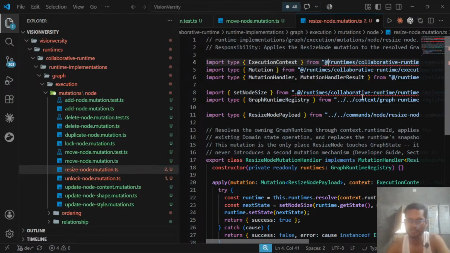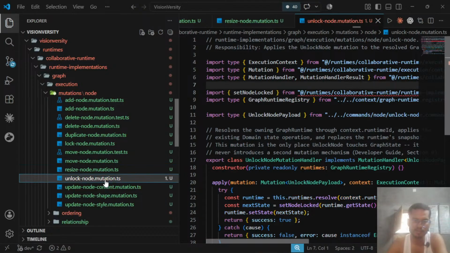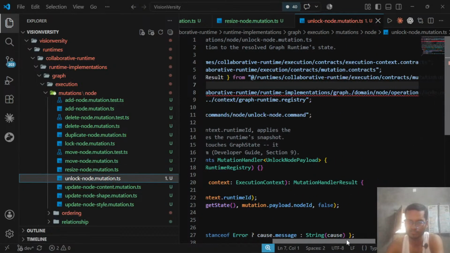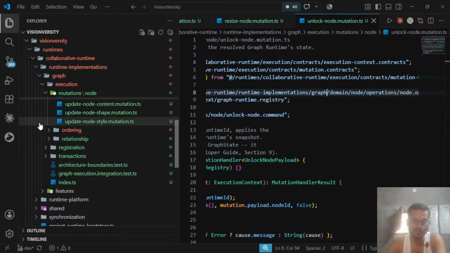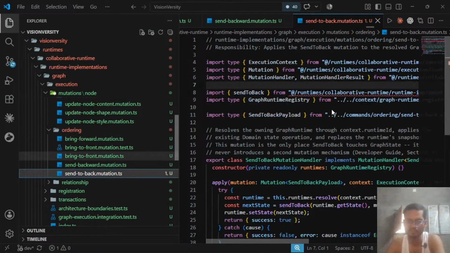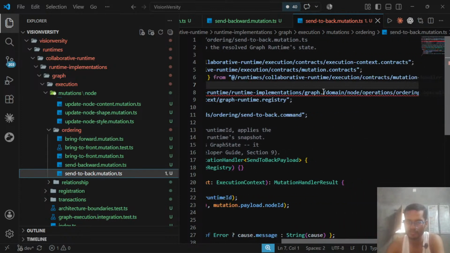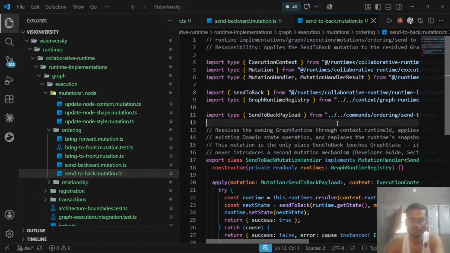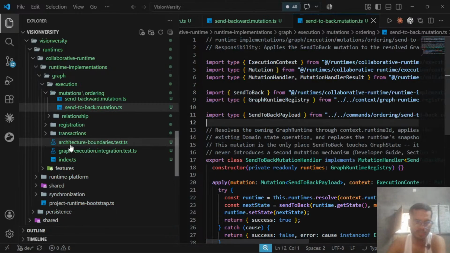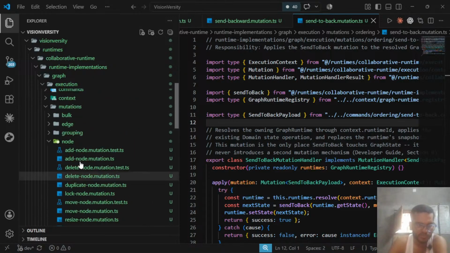I have everything. Here also. Same thing. Now, so far I think there is no import issue.